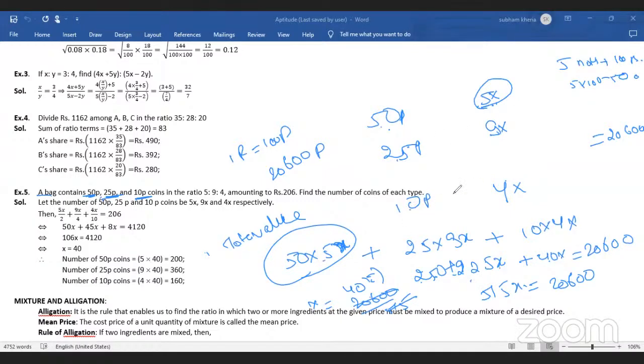Similarly, 4x coins of 10 paise each, so that will be 40x. On adding all three, we get the total amount, 206 rupees converted to paise, that is 20600. On solving, we get x as 40. Now we can find the number of coins by putting in the value of x. Is it clear to all now? Yes or no? Tell me.